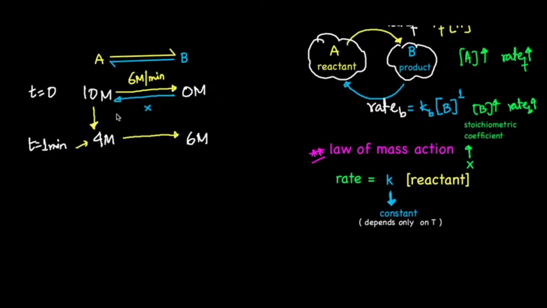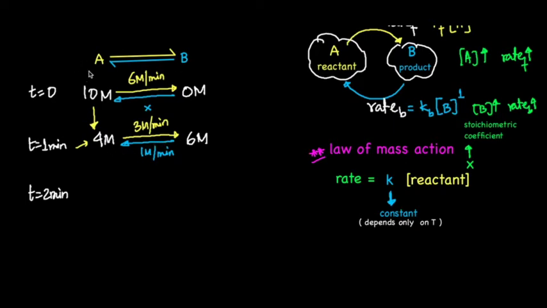Let us now come back to our example. Since the concentration of A has decreased from 10 molar to 4 molar, the rate forward is going to decrease, right? Let us say that the rate forward decreases to say 3 molar per minute. And now because there is some B formed, we are going to have a rate backward, say 1 molar per minute. So when we go into the second minute, we can see that 3 molar of A has converted into B, but 1 molar of B has also converted back into A, right?